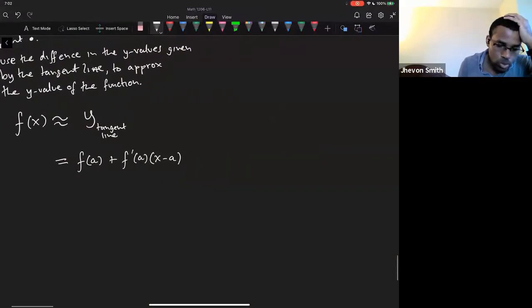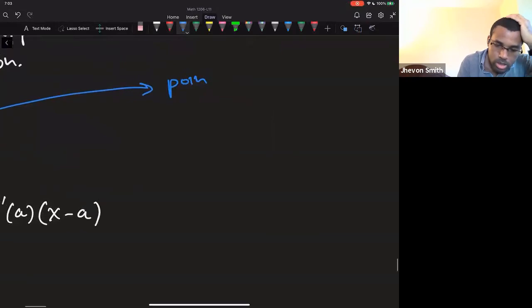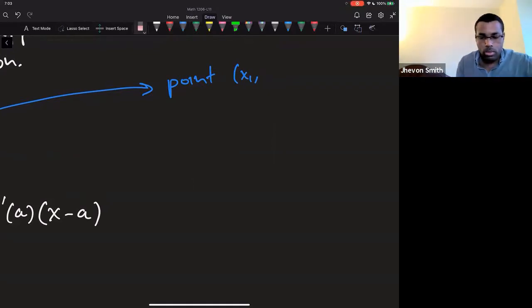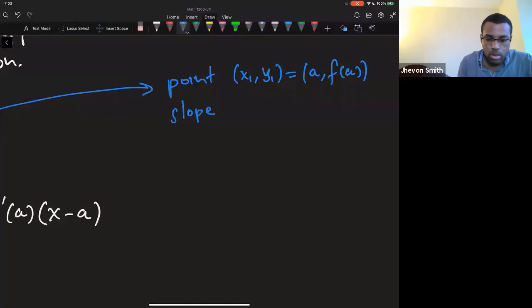And why is that? Well, the point x1, y1 is like your a, f of a, and we know the slope is f prime evaluated at a.